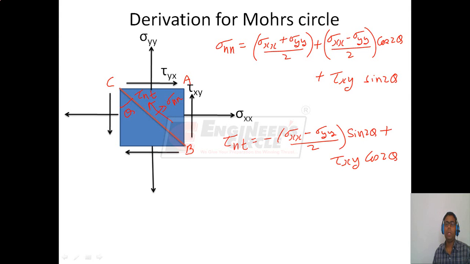We can obtain the equation of Mohr's circle from these two analytical equations in this manner.